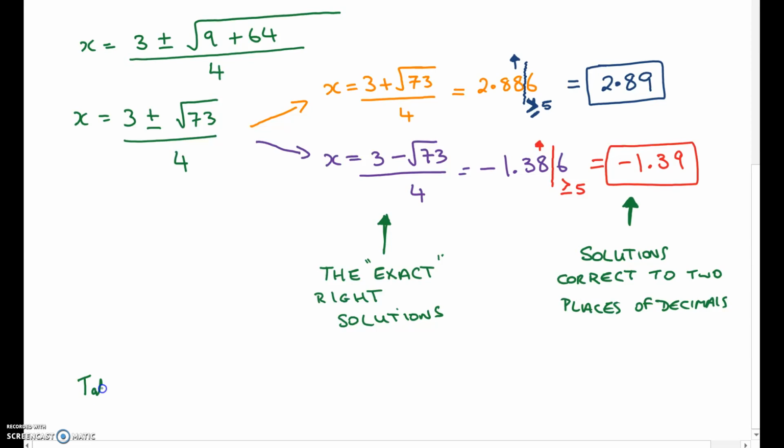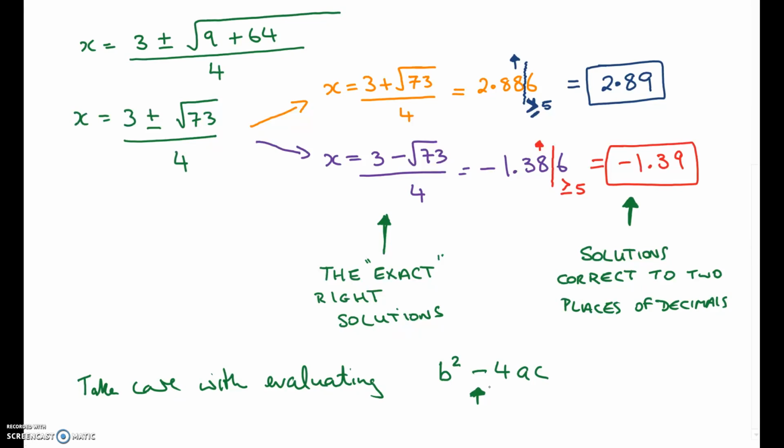Take care when working out b squared minus 4ac. Pay particular attention to that negative sign there. That's very important because a lot of people don't use that properly, and that leads to different problems further on. Okay, thanks for watching.